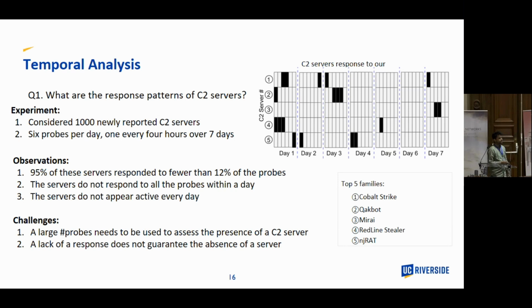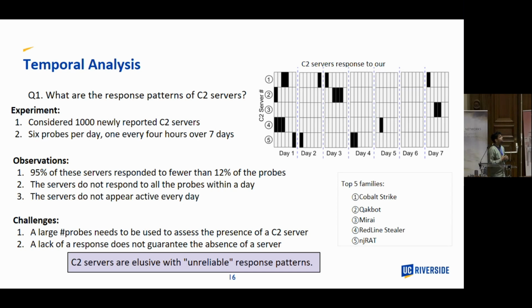This gives a practical challenge: when we want to find live C2 servers and perform an active measurement study, we are not able to find or predict any particular pattern for these C2 servers. So the takeaway from this measurement study is that C2 servers have elusive patterns with unreliable response patterns.